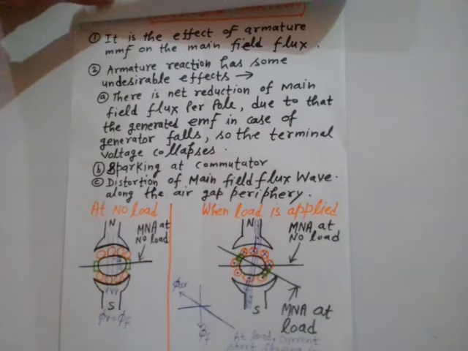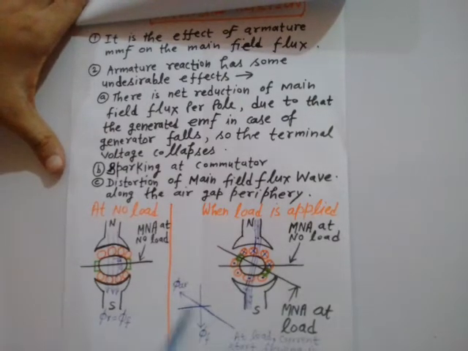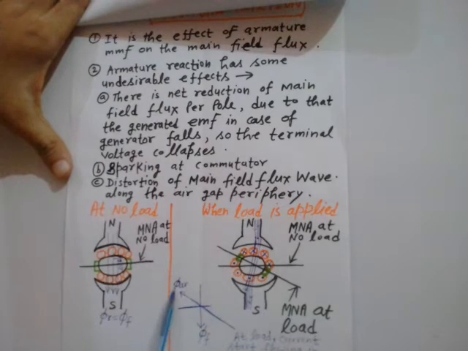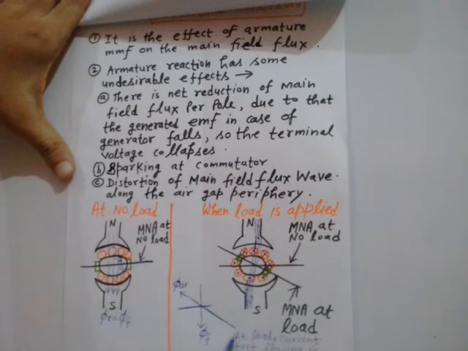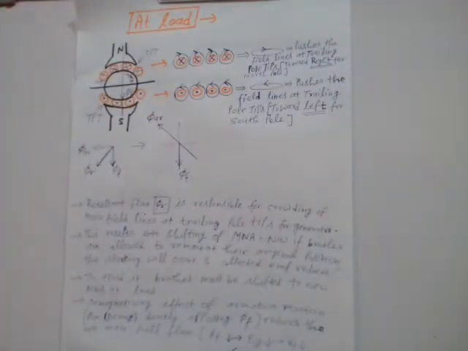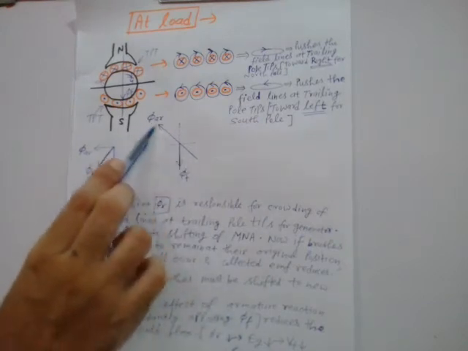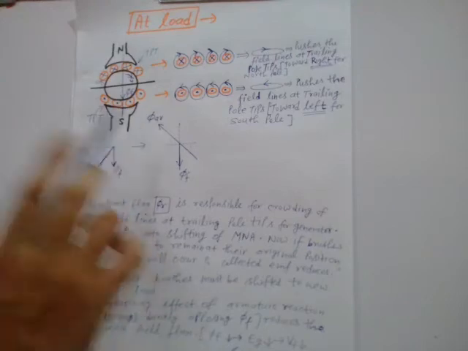So that means now the armature flux will be like this. As soon as the MNA shifts, the armature flux will be in the direction of the magnetic neutral axis. So this shows the new position of the magnetic neutral axis along which you will have armature flux.